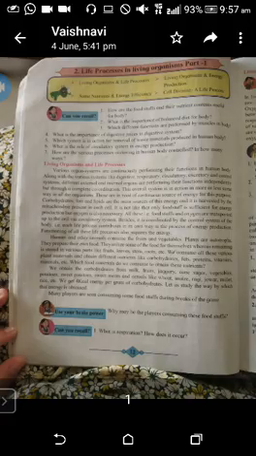The next is: how are the various processes occurring in the human body controlled, and in how many ways? So see what is given in this. So which are the main things?